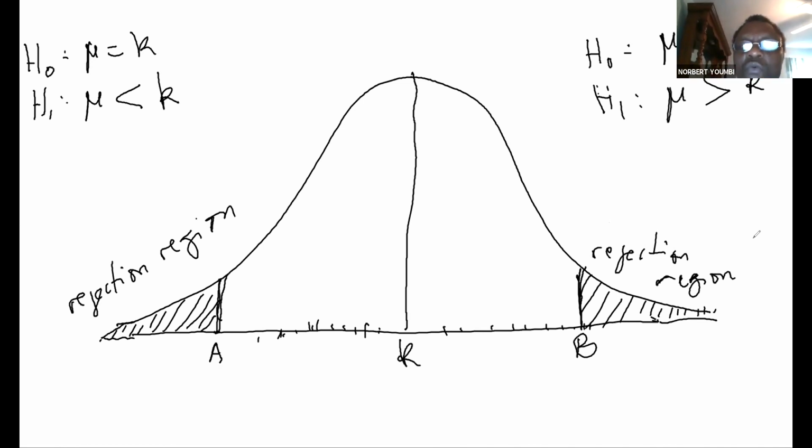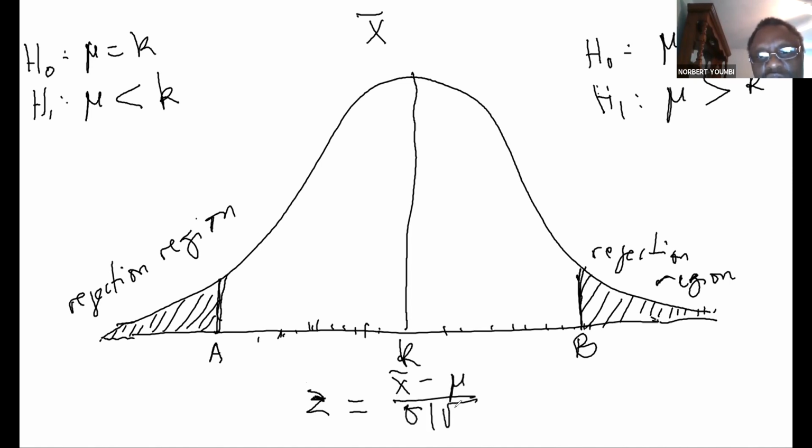So the decision is based on the test statistic, which is in this case the sample mean. In order to make this comparison, we are going to find the test value, which is the sample mean minus the hypothesized mean divided by sigma over square root of n if sigma is known.